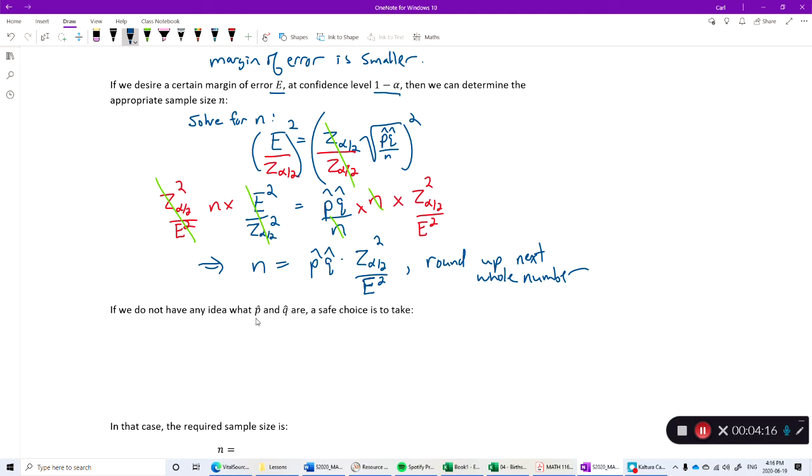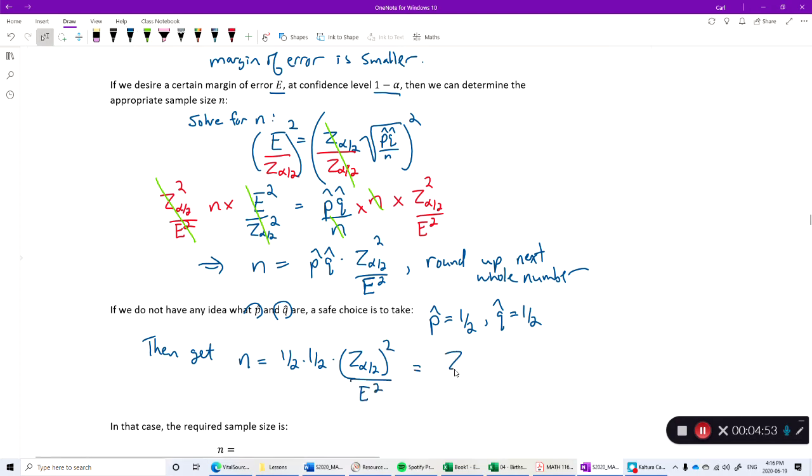If we do not have any idea what p hat and q hat are, a safe choice is to take p hat as a half and q hat as a half. In other words, it's the worst case scenario where we're going to get the biggest possible n, which is a safe choice. So then n would be 1/2 times 1/2 times z alpha over 2, with brackets around that to be clearer, squared.